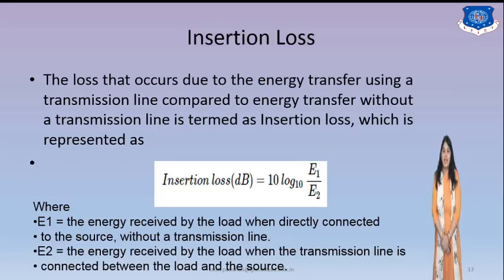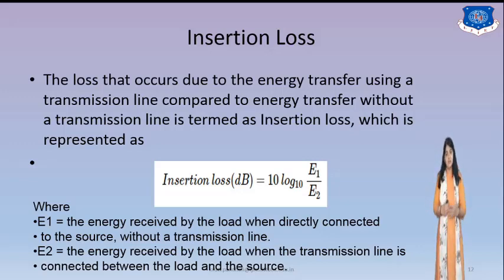The next loss is the insertion loss. What is the insertion loss? While energy is transferred from one place to another place through the transmission line, the loss that occurs, compared to the energy transfer without a transmission line, is referred to as insertion loss.